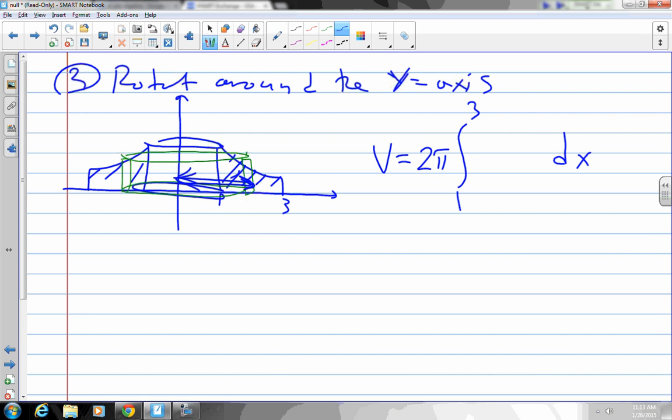So that's still x times the height, and the height is 1 over x, right? X and x cancel, so we'll actually end up with a really nice integral, which is just dx from 1 to 3. X is canceled.